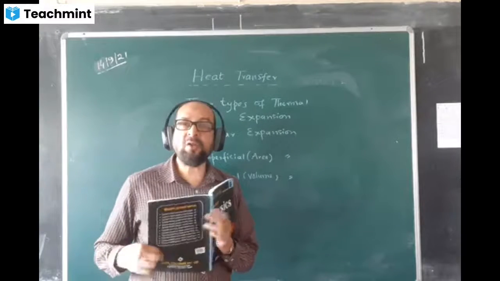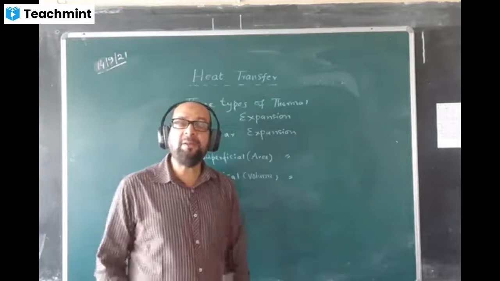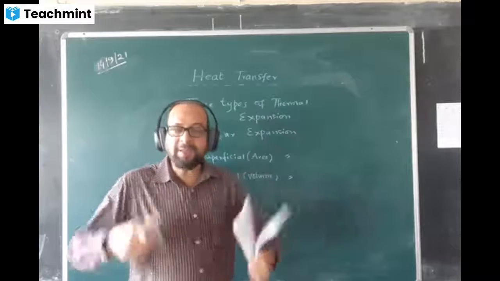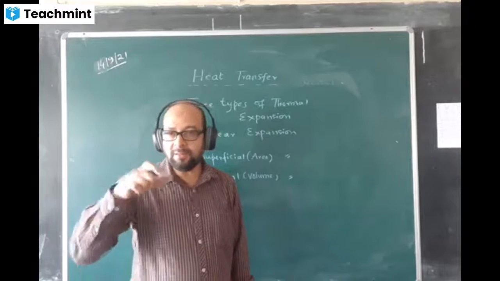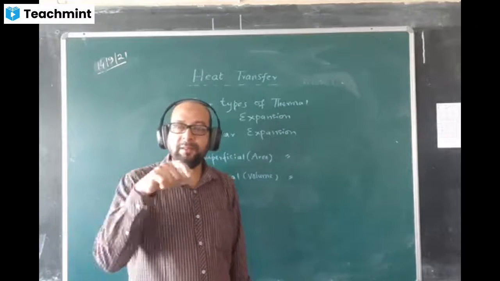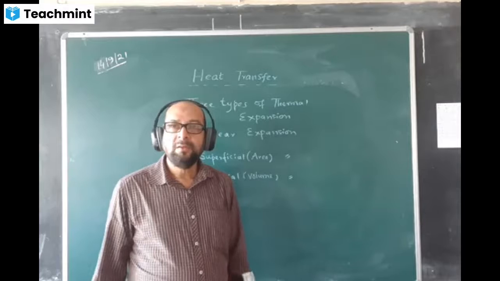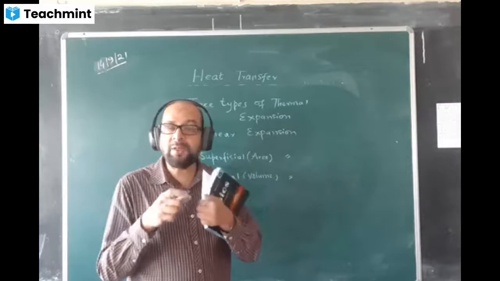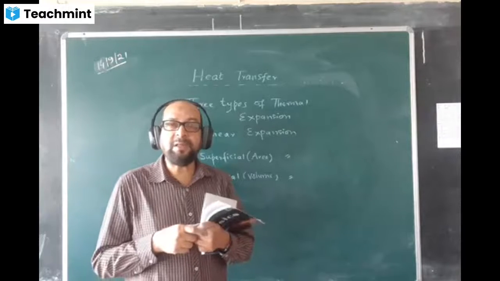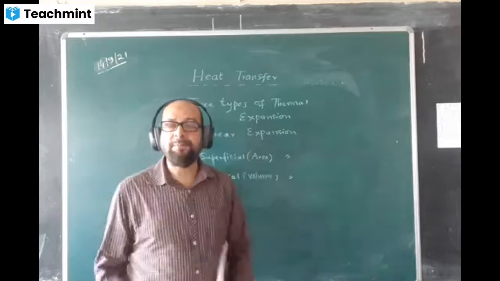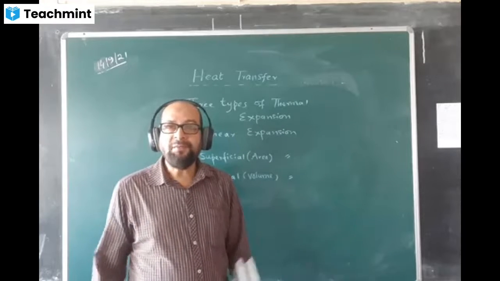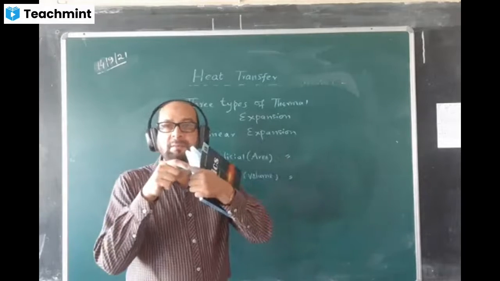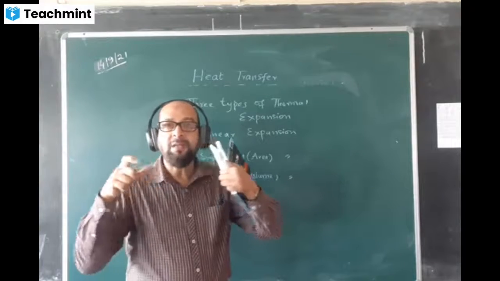The track has got length. If during summertime the expansion takes place in the track, where can we accommodate that expansion? That expansion is accommodated in between the gap. If you don't leave any gap between them, what will happen?